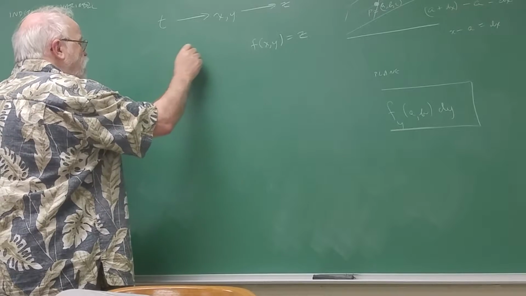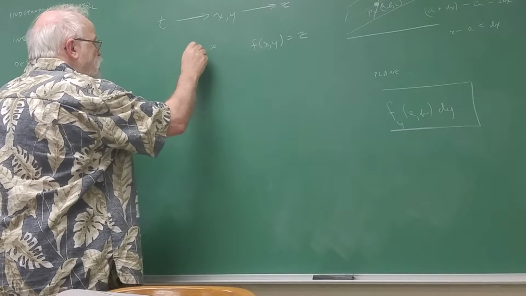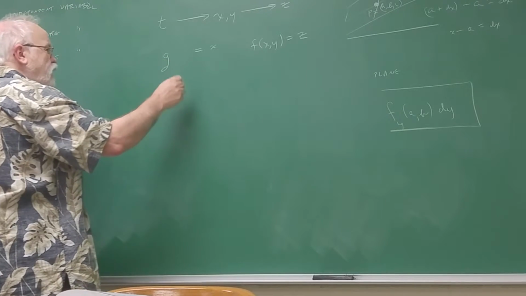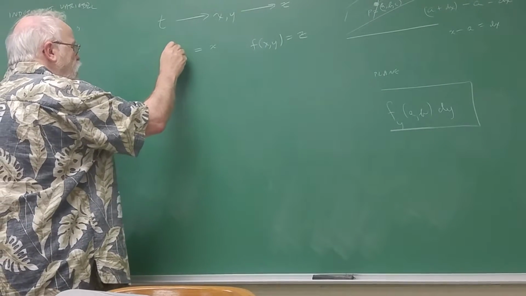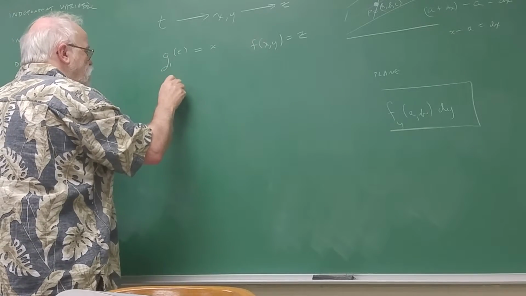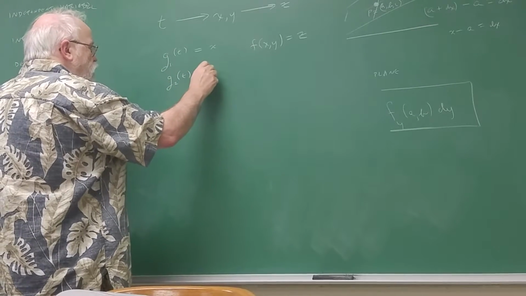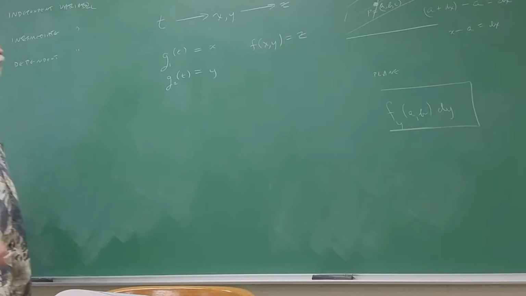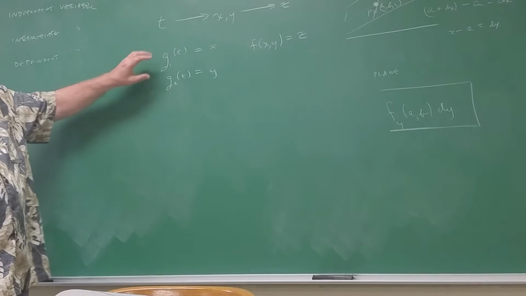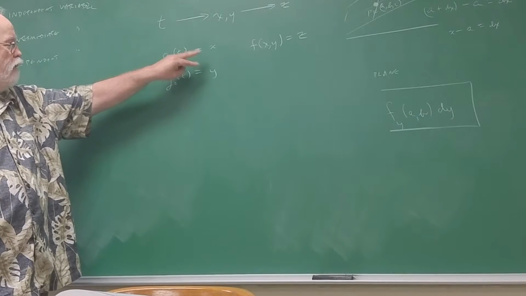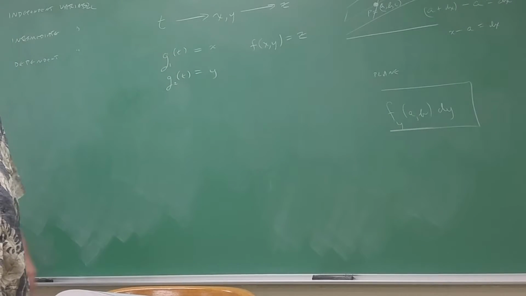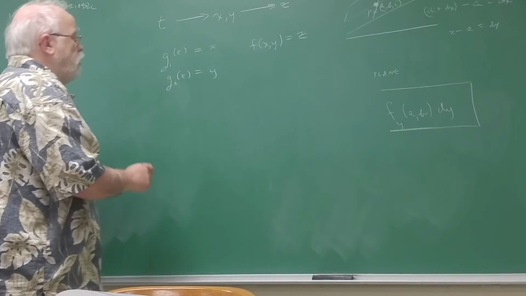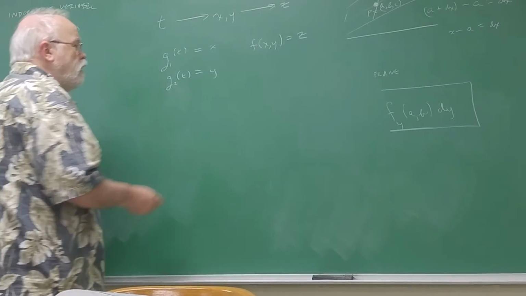I'm going to say that x is one function of t, and I don't want to go with g and h here, so I'm going to say g1 and g2. But in a full-blown linear algebra-based treatment of this, it would be (x, y) together. It would be two variables here with one variable there. It would be just one function with two dependent variables. All right, so anyway, that's the setup we're looking at.